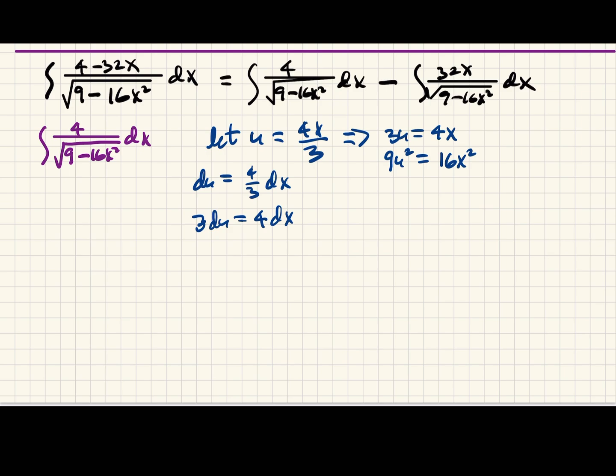Okay, so now let's make all those substitutions. What we're going to wind up with then is the integral. Now 4 dx, that's 3 du, right? And the square root of 9 minus 16x squared, well, that's going to be the square root of 9 minus 9u squared, isn't it?